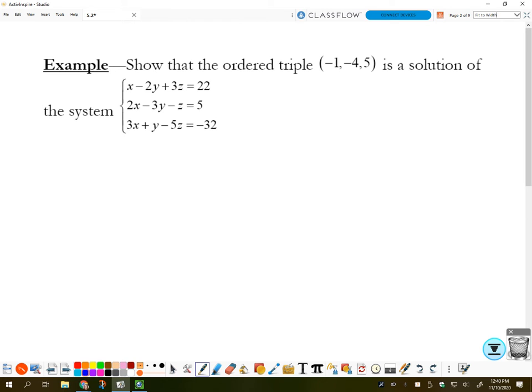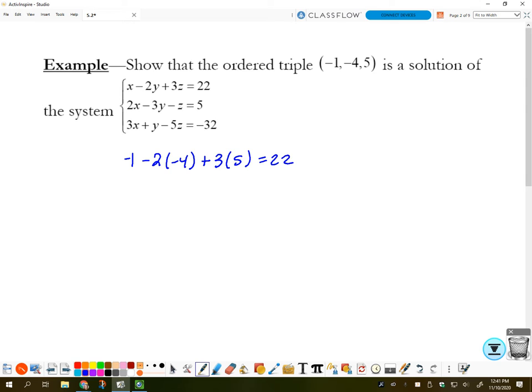Alright, so first of all, just to show that something is a solution, you just have to show that it works in all of the equations. So, checking the first equation, we have negative 1 for x minus 2 times negative 4 for y plus 3 times 5 for z is 22. So if you do all of this, do you get 22?